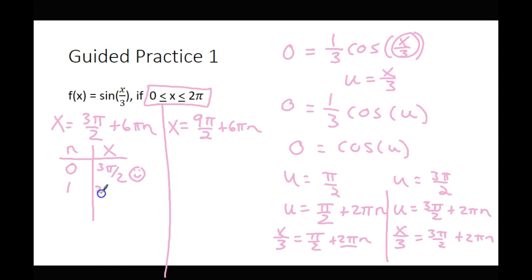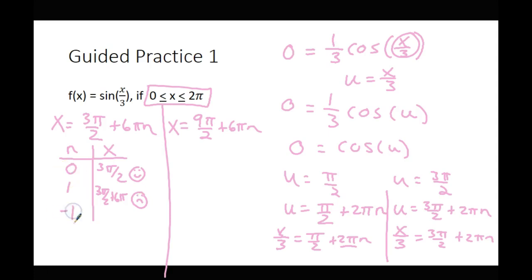I would have 3 pi over 2 plus 6 pi. Is that on the interval from 0 to 2 pi? It's not. This is already bigger than 2 pi, right? So if you add anything to it, it's out. So we're just going to say, okay, I don't care about that answer. That's still a solution, but it's not a solution on the interval that I care about. So that's too big. This is just right.